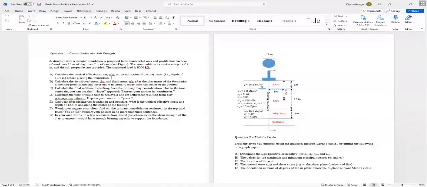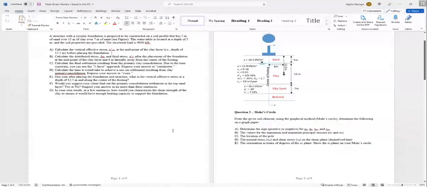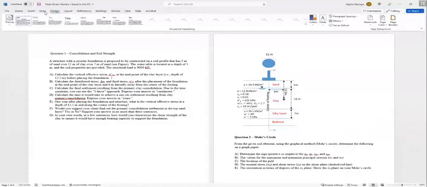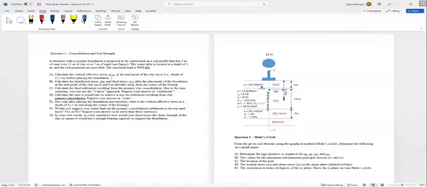It's not complicated, but the initial vertical stress is at the middle of the clay layer, which is right here.